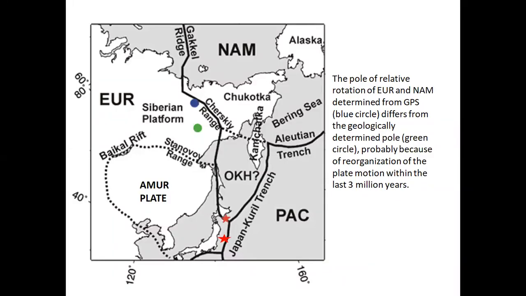These two red stars indicate recent major earthquakes. I guess the northern one was the main concern for the earthquake just discussed, and more recently there's been one closer in to the main cities of Japan, or to Tokyo in particular, which had a small tsunami, but nothing compared with that from 2011.